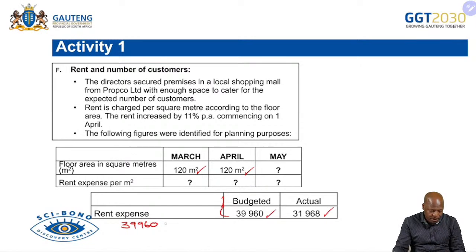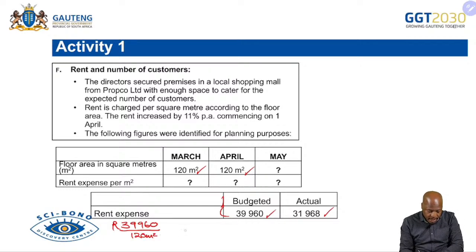All right. And if we are to check how much it is per square meter, you would say 39,960, divide that by the square meters that we're occupying, which is 120 square meters. Remember, this is in rands.